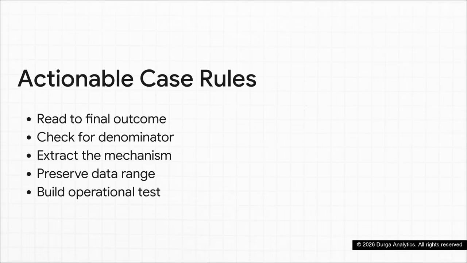Third, extract the actual regulatory mechanism, like whether transfers or surrender were halted, rather than just copying down a raw financial magnitude. Fourth, preserve published data ranges instead of inventing precision. And most importantly, always convert the historical case into a practical operational stress test for your own infrastructure.